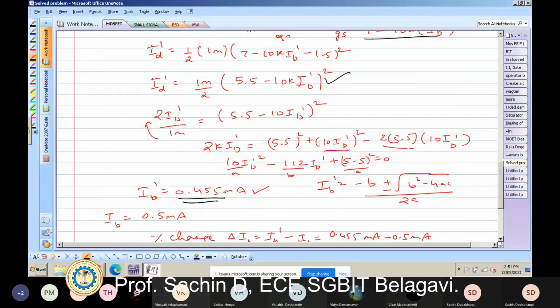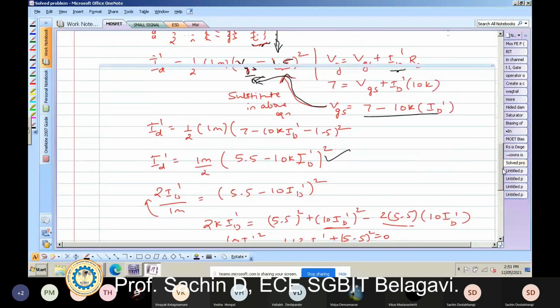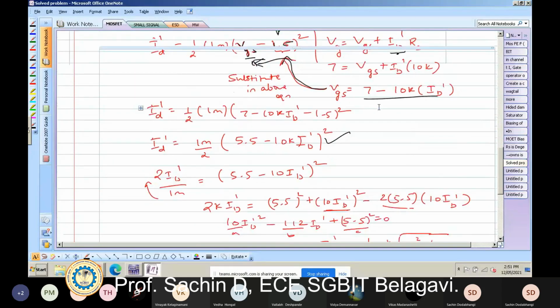Why? Because if we substitute ID dash into this equation, VGS, gate to source voltage, must be greater than VT. So if I substitute VGS equals 7 minus 10K times ID dash, I got 0.455 milli.